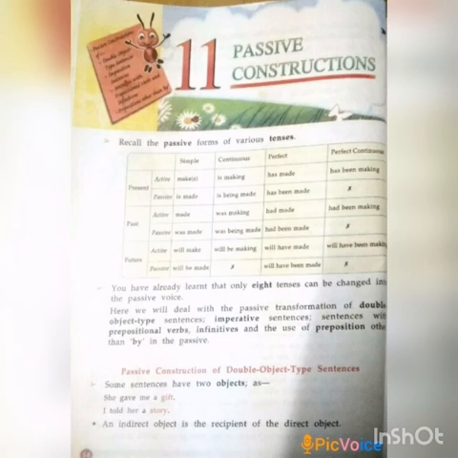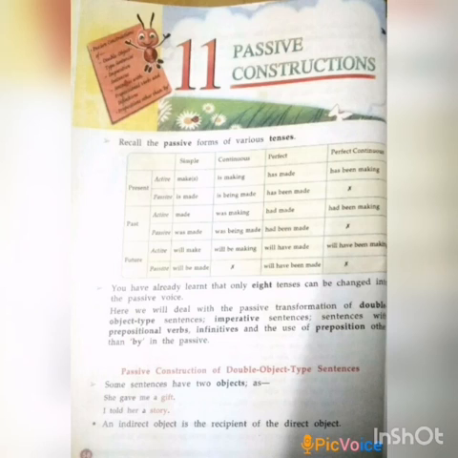Last year I gave you a table for tenses. Can you remember that? For the formula table, I gave one table to study simple present, present continuous, present perfect, present perfect continuous, and likewise for past and future also. So if you remember this table, this topic is very useful and easy for you.